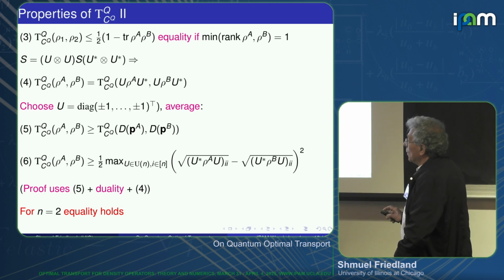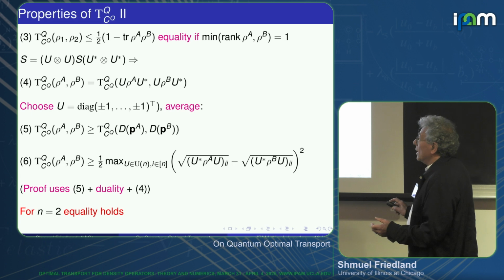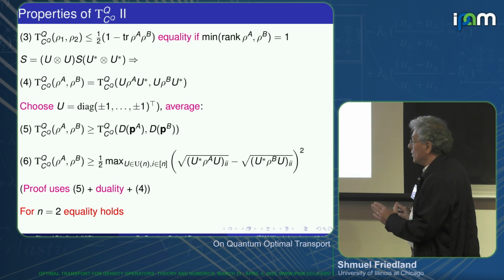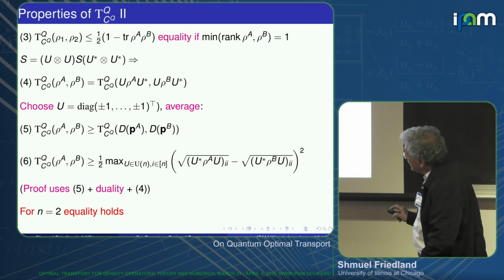It would be the same if you do a local operation on A and B, but they must be the same local operations. You cannot do otherwise. Now, if you take U to be diagonal plus minus 2 on average, because it is convex, then you have this inequality.